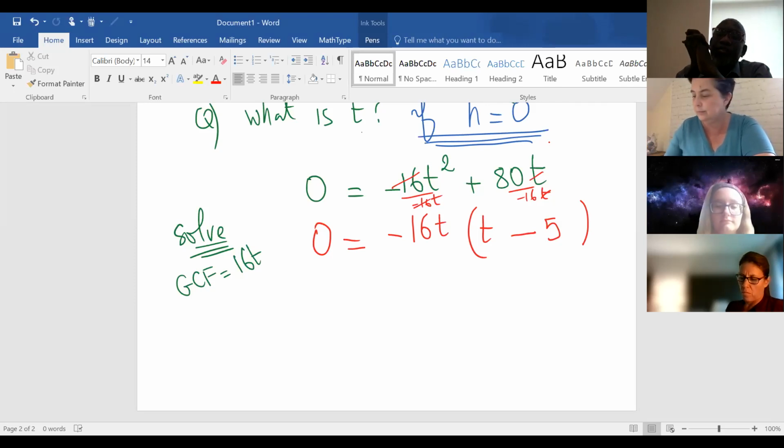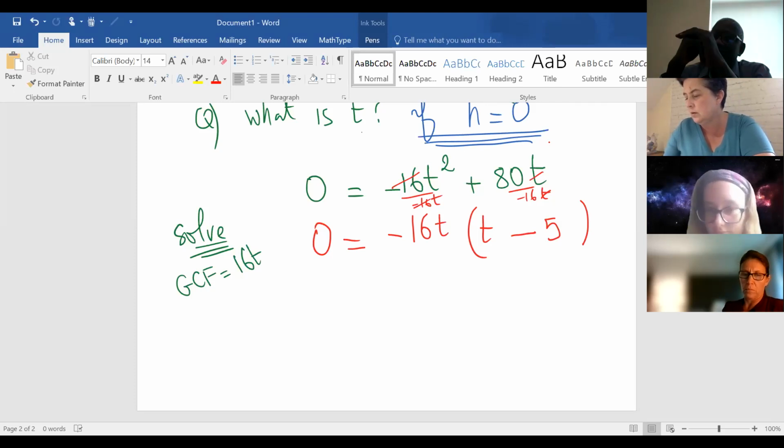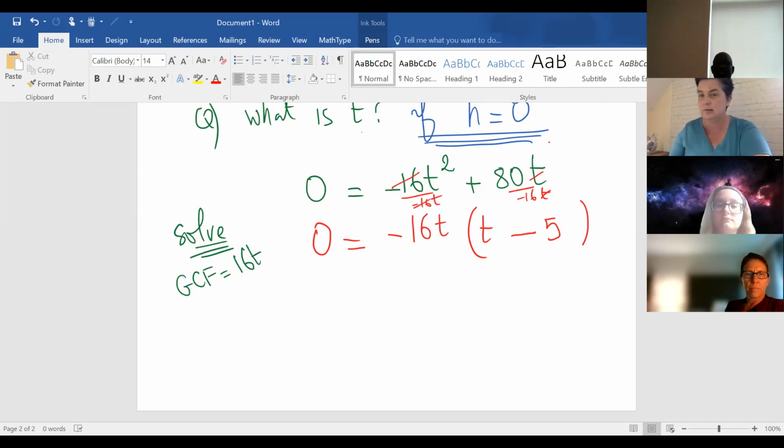By solving, we have to set each factor to 0. Everybody think about that. I'm going to see what everybody is going to do. What is the next step? Now we factored, now we are good. Go ahead, 30 seconds. Everybody think about it.